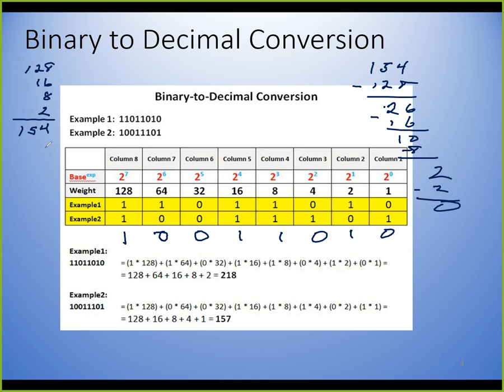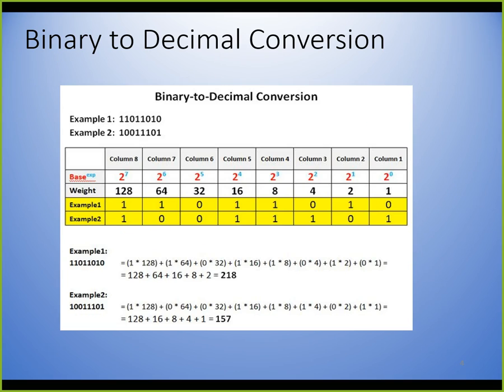Okay, so Joe wants to go from a binary, and our binary is 1, 0, 0, 1, 1, 0, 1, 0. Is that the one we just had, Joe?